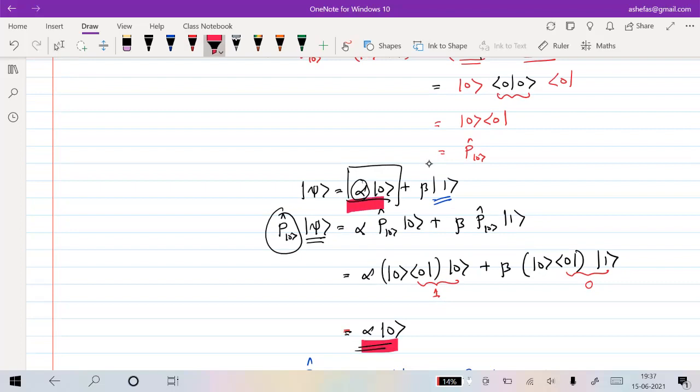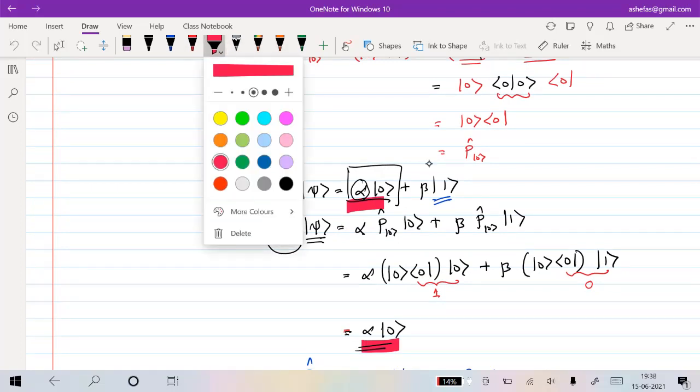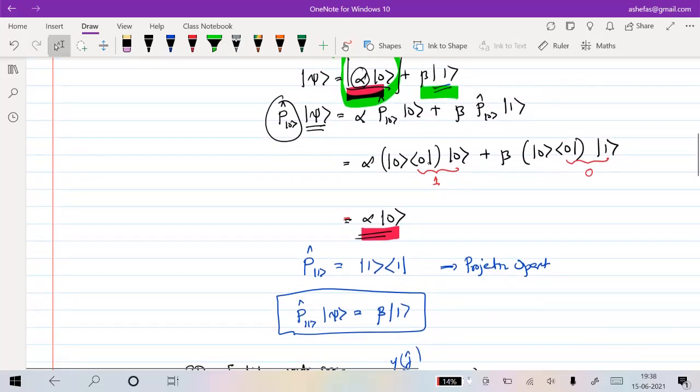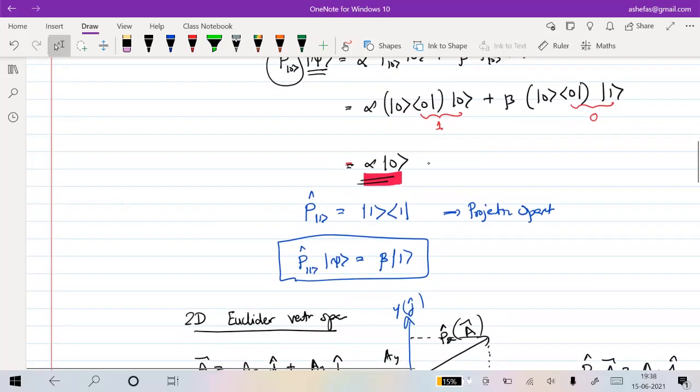Actually the vector psi is the sum of alpha ket 0 plus beta ket 1. So if the projection operator of ket 0 acts there, the vector psi projects onto alpha ket 0. Similarly, the projection operator corresponding to ket 1 acting on psi would give beta times ket 1. So that operator projects the vector onto the basis vector, along the direction of the basis vector.